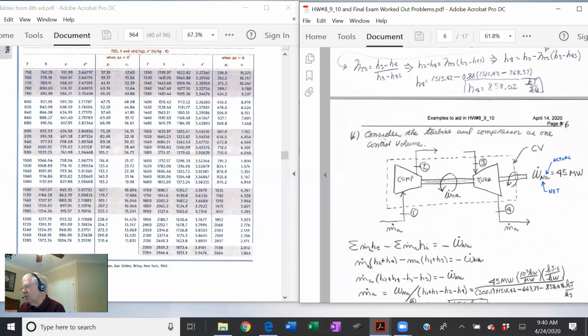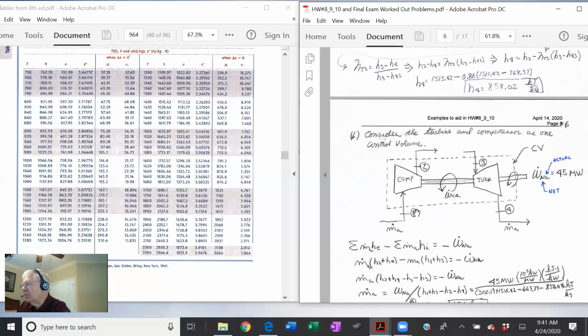You do have this work shaft from the turbine to the compressor. The turbine is providing work to the compressor, but since that's inside the control volume, you don't have to worry about it because it'll take care of itself. But now you do have this power crossing the control volume boundary of 45 megawatts. That's the net actual power output of the turbine compressor package.